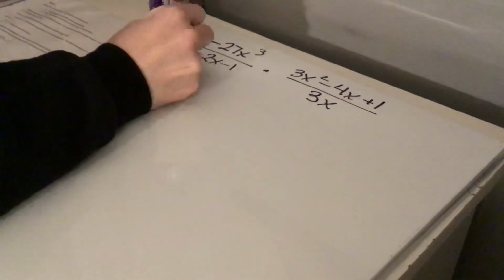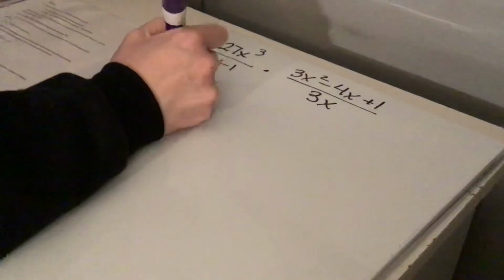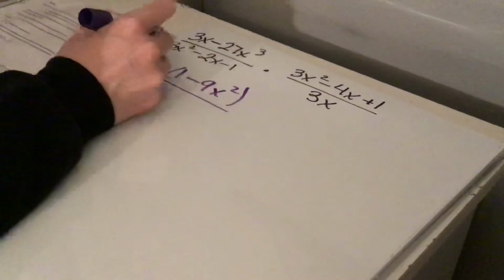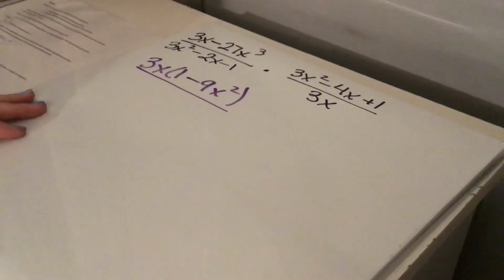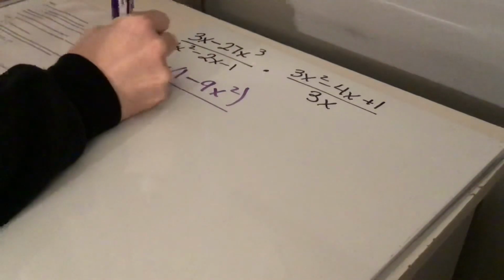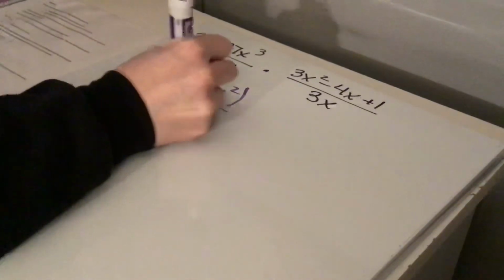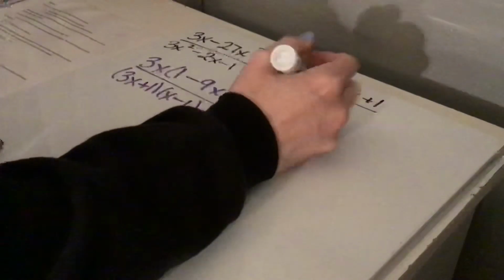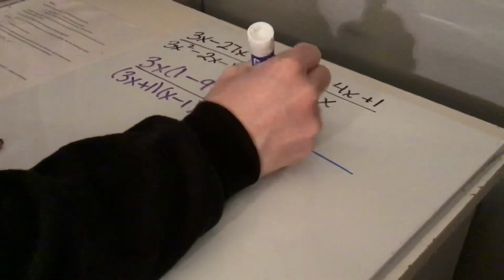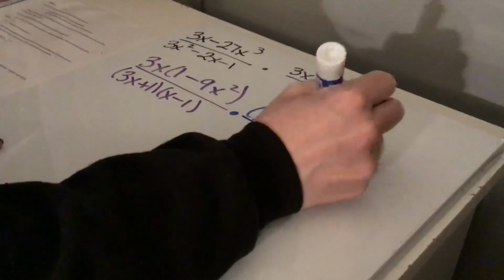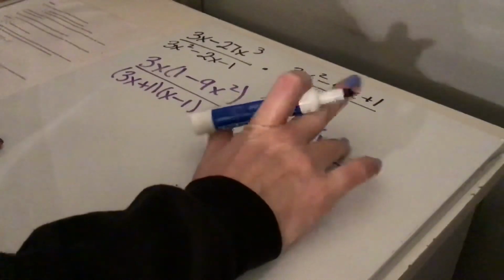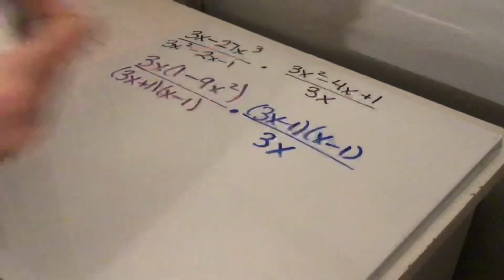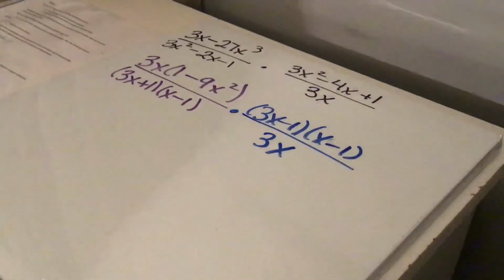So we get 3x times 1 minus 9x squared over 3x squared minus 2x minus 1 factors to 3x plus 1 times x minus 1 times, here we're going to get 3x minus 1 times x minus 1, just factoring that numerator in the second rational expression, over 3x. Okay, except this is not completely factored.